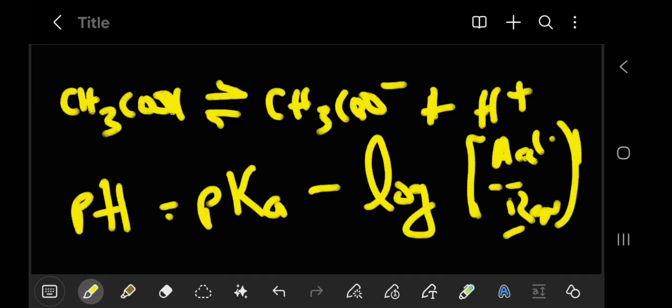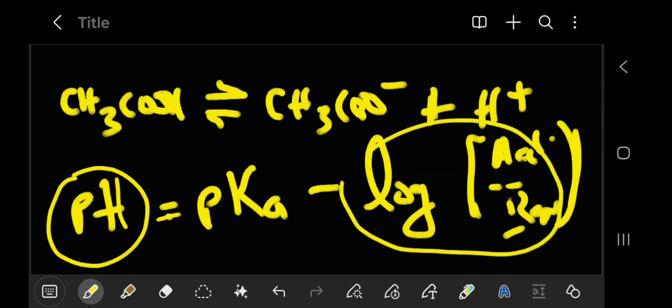So essentially, you'll be expected to plot a graph after deriving the pH of the solution. You plot a graph of pH against the log of the acid to conjugate base, sodium ethanoate. That is the conjugate base.